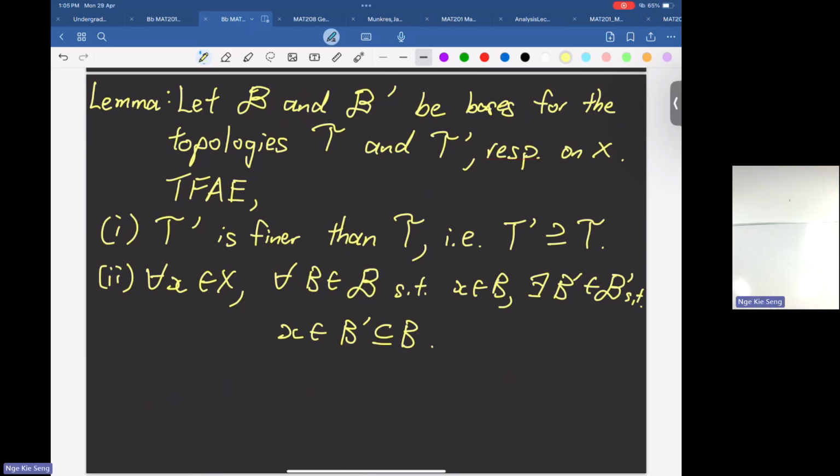Okay, let's think about it. What does this mean here? Every point x in X, and every basis element B of script B that contains x, you can find another basis element, from the other basis, such that this basis element contains x and is contained in B. Meaning what?